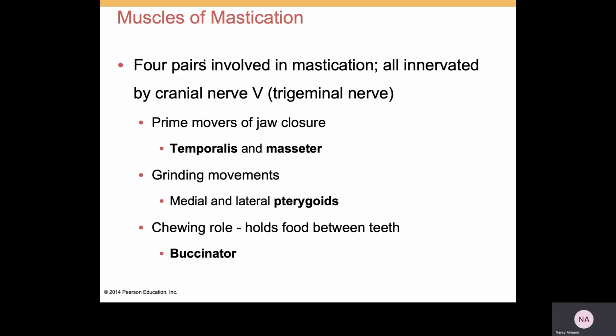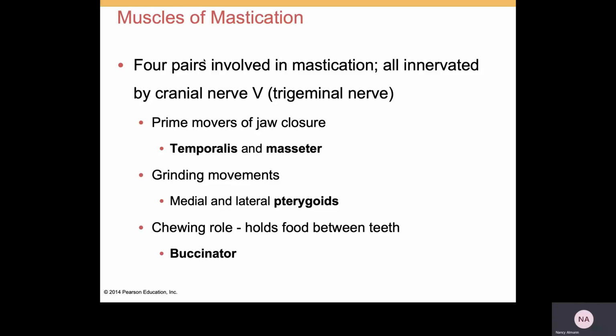When you talk about mandibular elevation, fancy term for saying jaw closure, you're talking about temporalis and masseter. So temporalis and masseter will elevate the mandible, close the jaw. When you talk about grinding movements, so your ability for your mouth to sort of shift back and forth, right to left, you are talking about what are known as the pterygoid muscles.